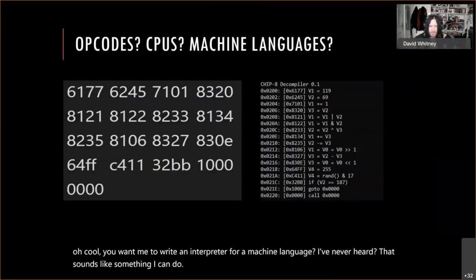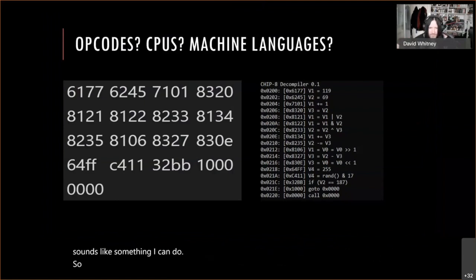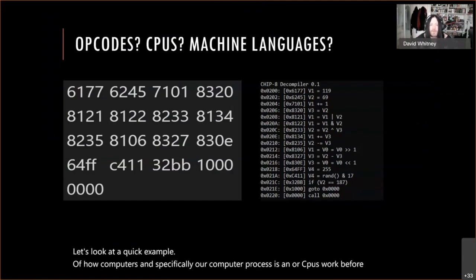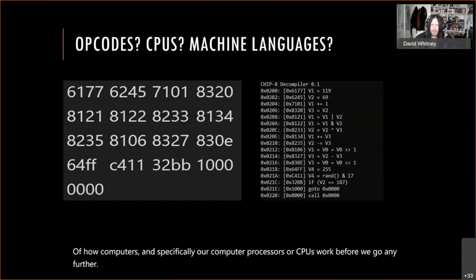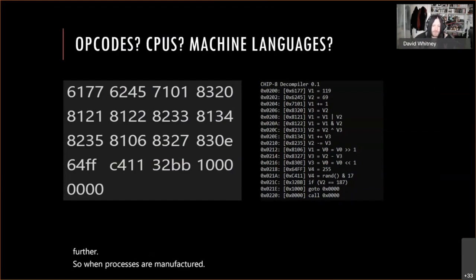So opcodes, machine languages, what the hell? Let's look at a quick example of how computers, and specifically our computer processors and our CPUs, work before we go any further. So when processors are manufactured, they're built to implement a specific instruction set.